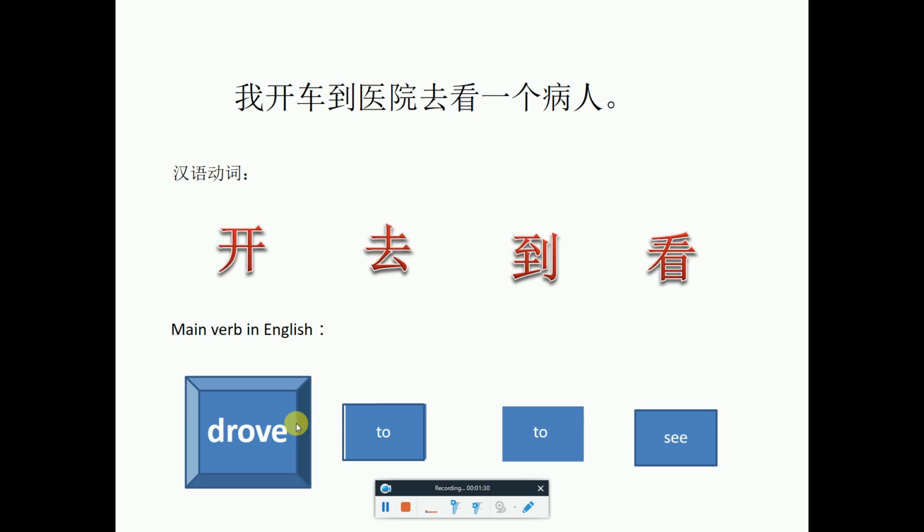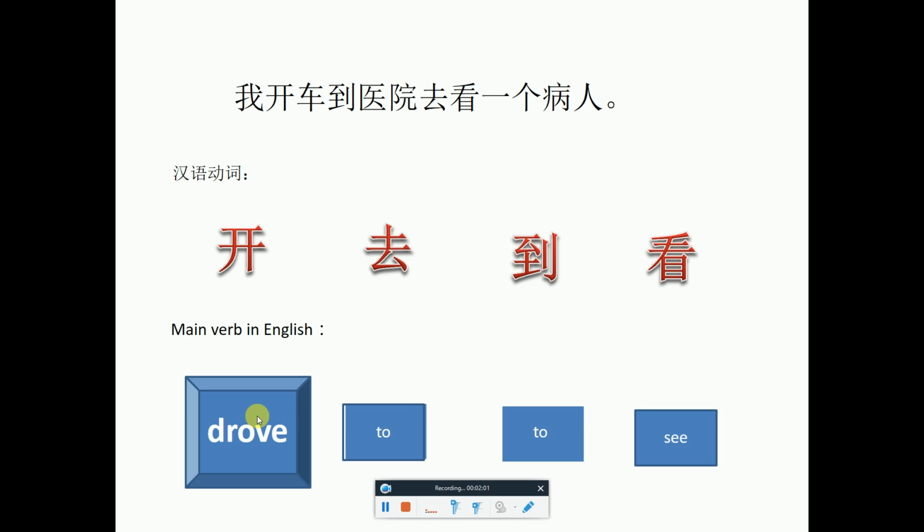I drove to the hospital to see a patient. See, only the main verb can be the predicate, and the other verbs in Chinese have to be changed into other forms. Later on in this book, we will learn conversion, which means we can convert Chinese verbs into nouns or prepositions, etc.